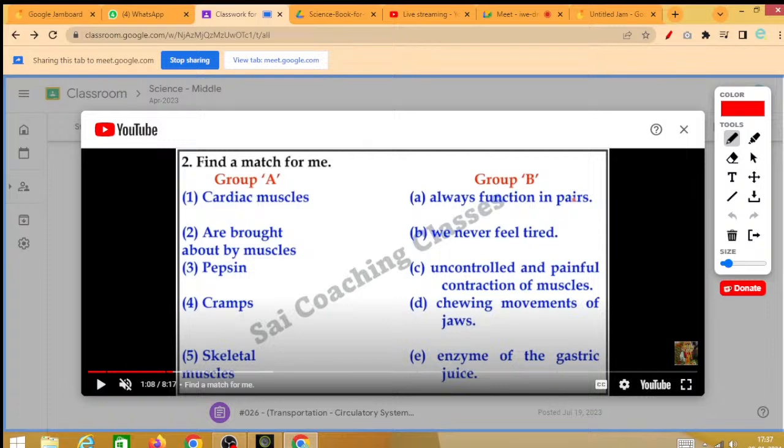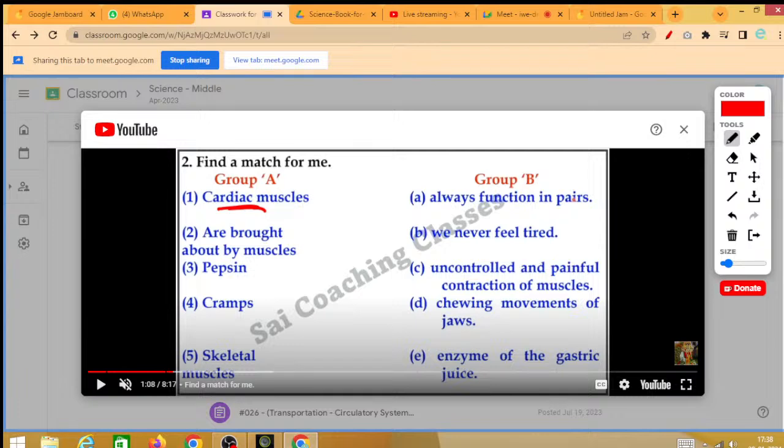Always function in pairs? No, ma'am, cardiac muscles work non-stop all the time. Okay, wait, let Anjali have her turn. Let's see what she says.